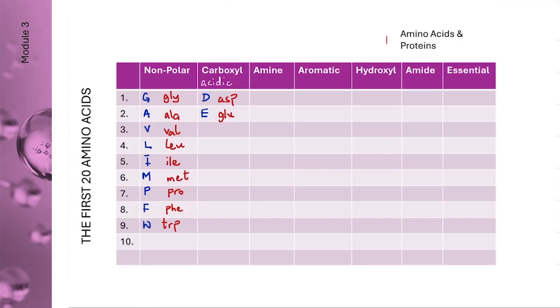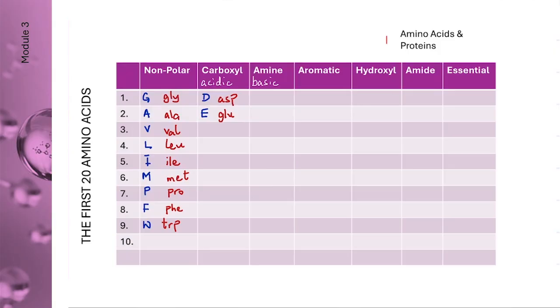You can use the same logic for the amine amino acids. The amine amino acids are basic in nature, so they are the basic amino acids. What are those amino acids?